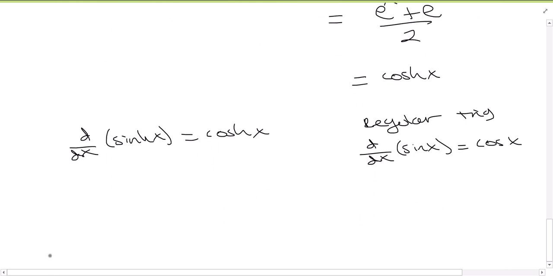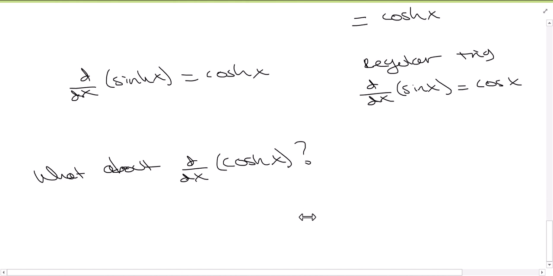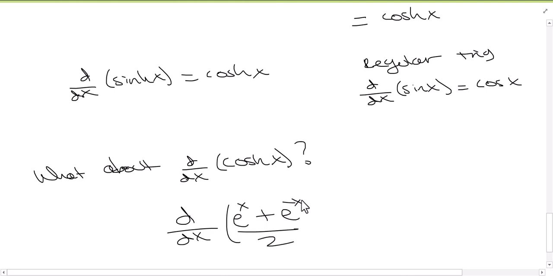Now what about the derivative of cosh? Let's do the same thing. I know that cosh, hyperbolic cosine, is e to the x plus e to the minus x divided by 2. So you can kind of see already, we're going to keep the 1/2, and then the derivative of e to the x is e to the x.